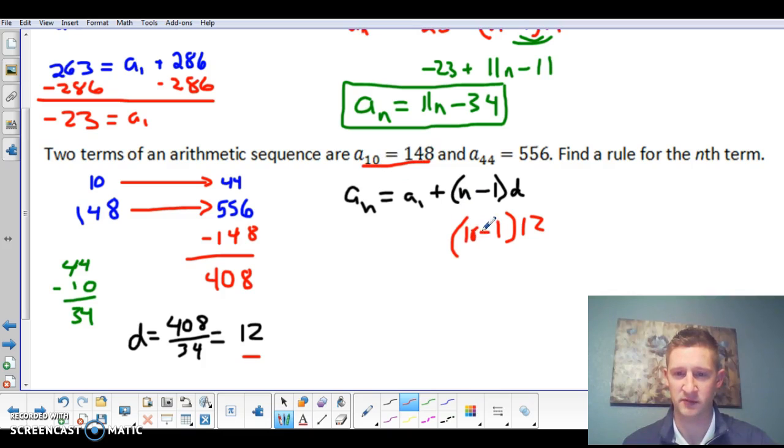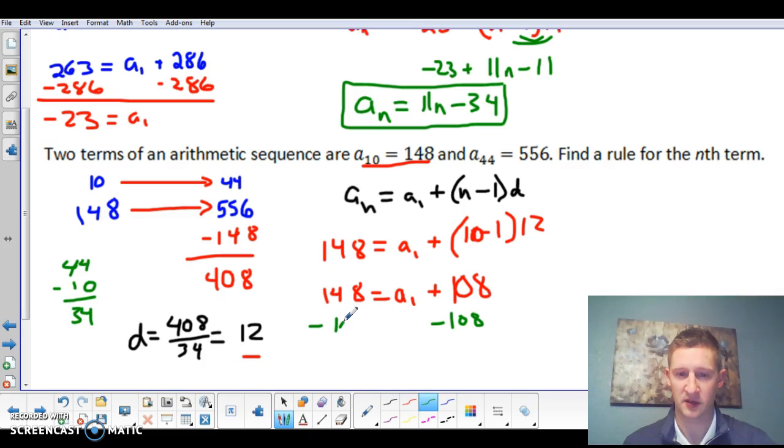So I take 10 minus 1 times 12. The first term I don't know. It's okay. The 10th term is 148, so 148 is on the other side of the equal sign. Do a little math. 9 times 12 is going to be 108. So I've got the first term plus 108 is equal to 148. A little bit of subtraction, minus 108, minus 108. And that first term must be 40.